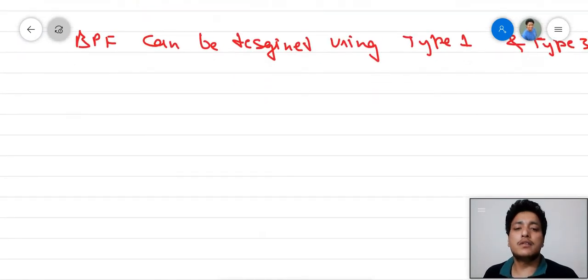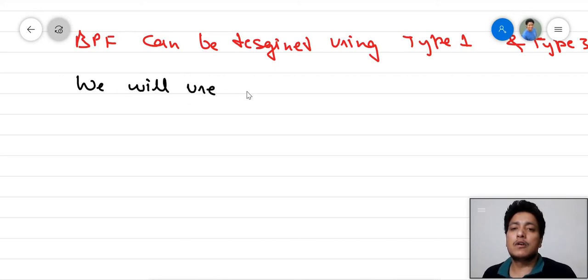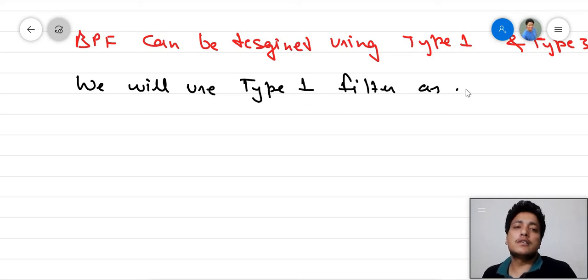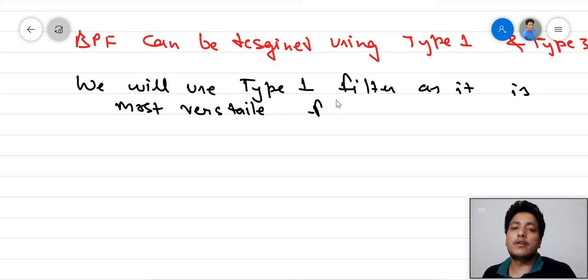For ease, we will use the type 1 filter as it is the most versatile filter.